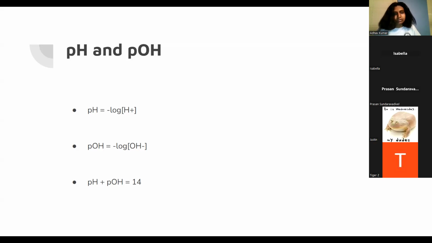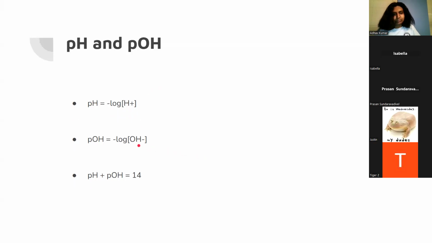The key here is that it's just the negative of the log of the concentration. We use a negative because obviously it's going to be less than 1. I don't know how many of you have done work with logarithms before.